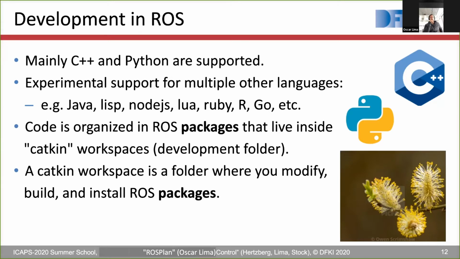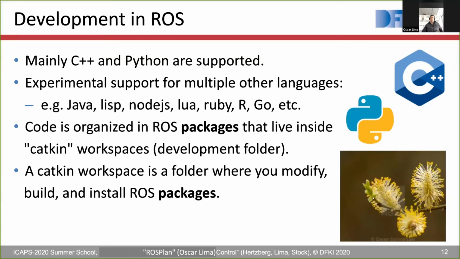So these nodes, I mean, we talked about the nodes, but we didn't talk about the packages. The nodes will be organized inside ROS packages, and the ROS packages will live inside what is called the Catkin workspace. Catkin comes from the name of the flower.